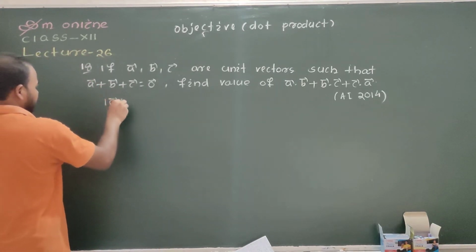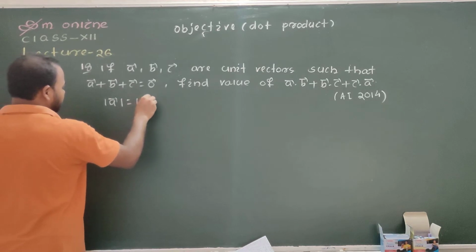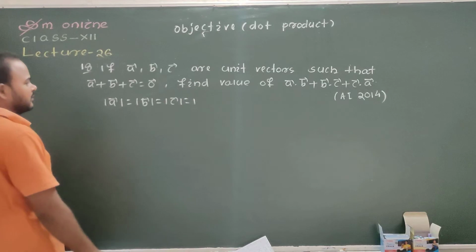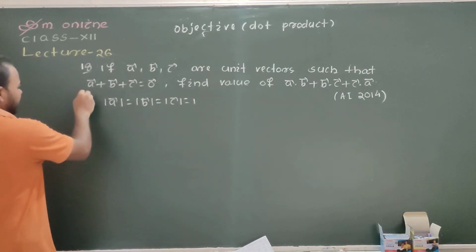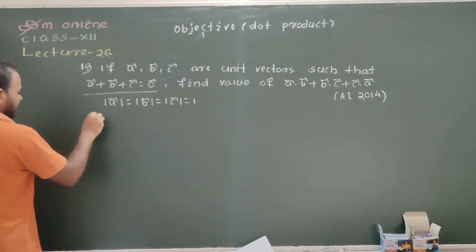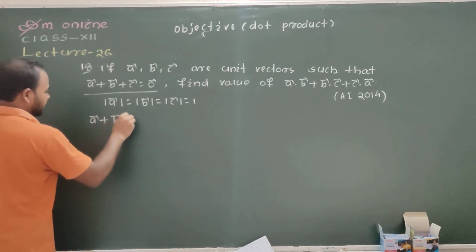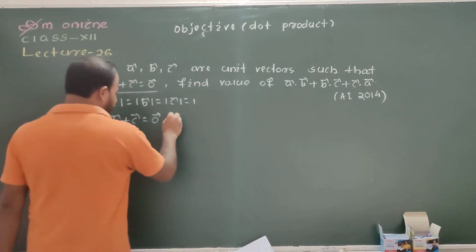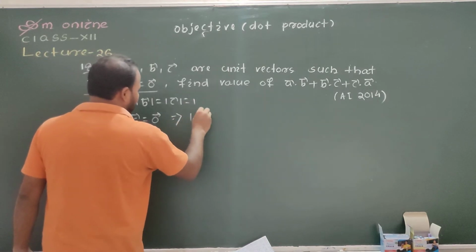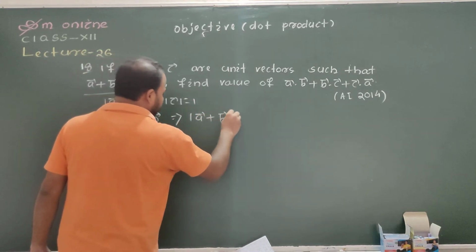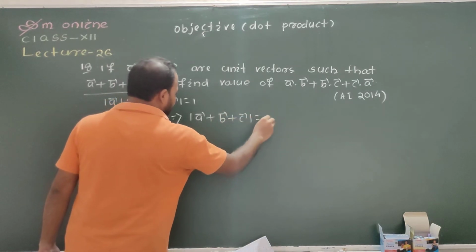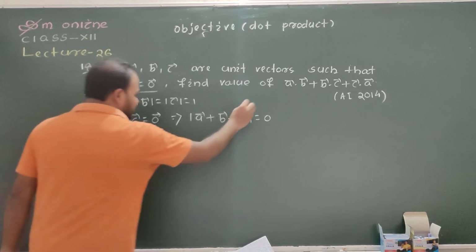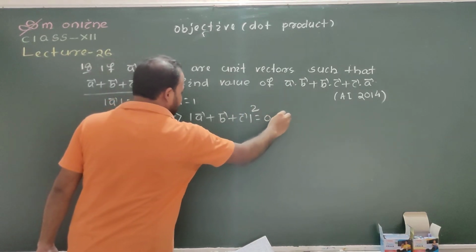That means magnitude of vector A equal to magnitude of vector B equal to magnitude of vector C equal to 1. It is given that vector A plus vector B plus vector C equal to 0 vector, which means its magnitude is 0. If we square it, that is 0 also.